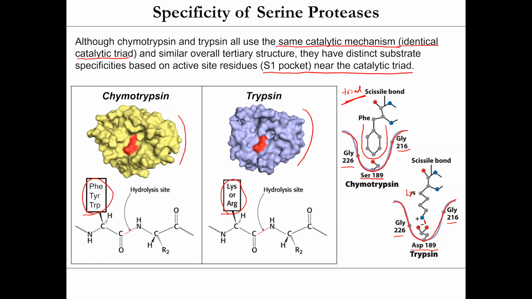So something like a phenylalanine or a negatively charged amino acid is not going to be able to be accommodated in this S1 pocket. So the specificity of different enzymes, even those that use the same catalytic mechanism, is going to be dictated by residues that surround the active site and make interactions with a specific substrate.